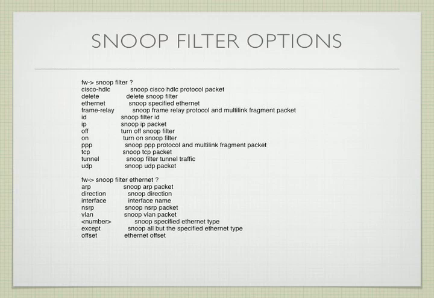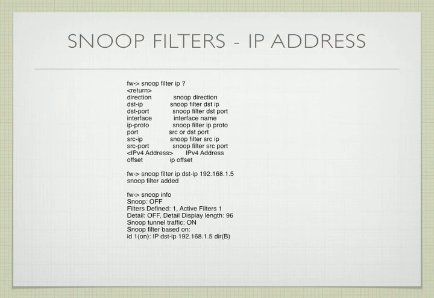examine. Snoop again is packet capturing, so this is most helpful if you're examining packets, say leaving a computer or a server, and you want to see what they look like on arrival at the firewall. This is the tool that will get that done for you. IP is the keyword for IP address to do the filters.